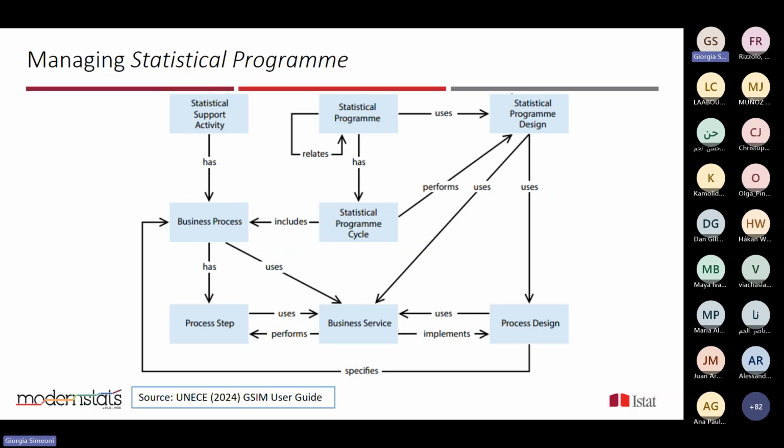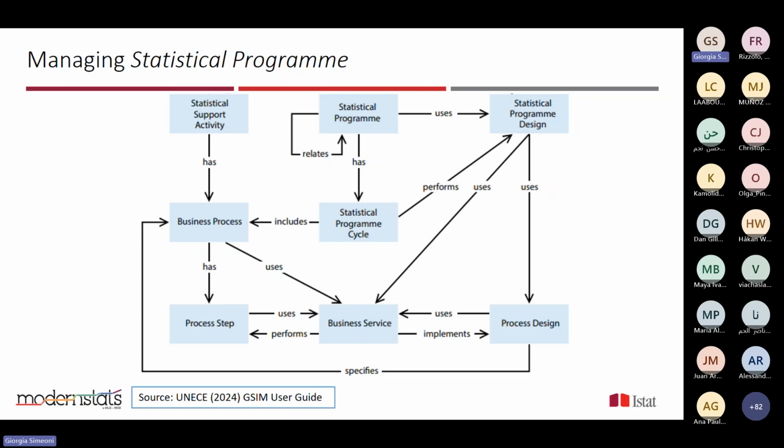And usually a statistical program cycle includes different business processes. Now we can consider in this situation that the business process of GSIM can be compared with the phases of GSBPM.